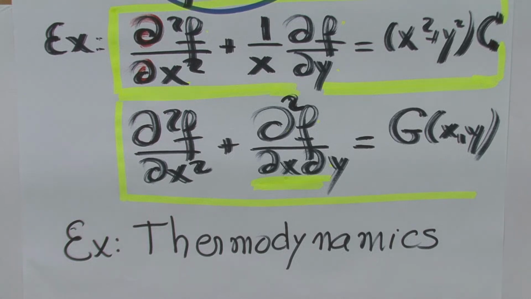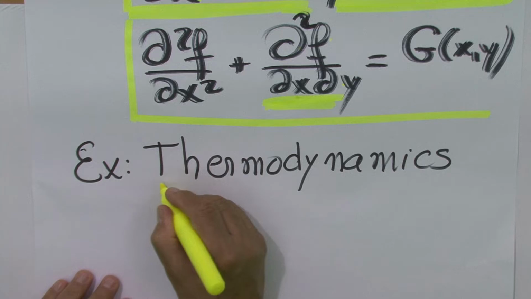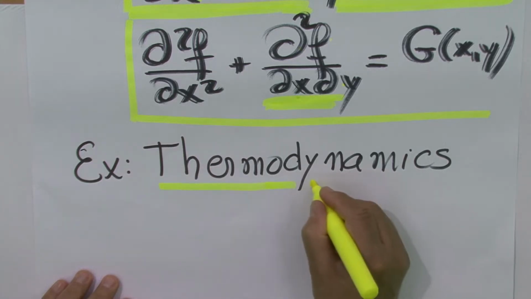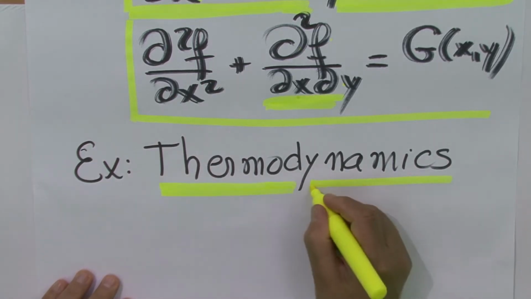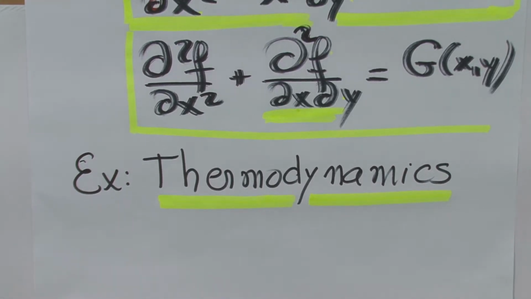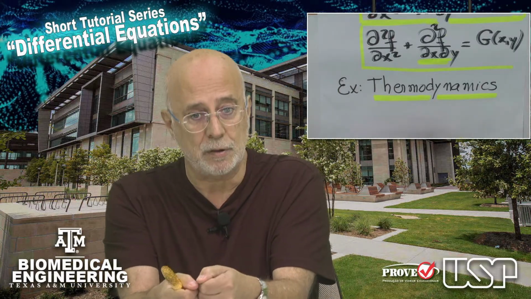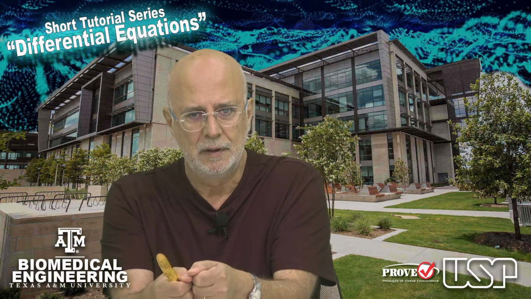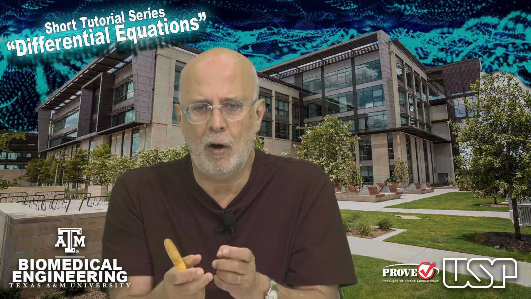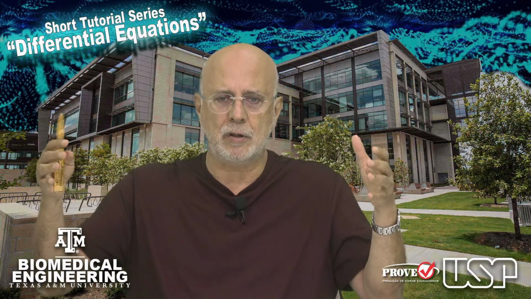There are examples of this in thermodynamics. Thermodynamics is not an area that is good only for physicists and chemists. Thermodynamics is everything, because thermodynamics is a part of science that relates macroscopic properties with microscopic quantities. And this is what we do all the time, trying to understand how microscopic variation affects the macroscopic environment.